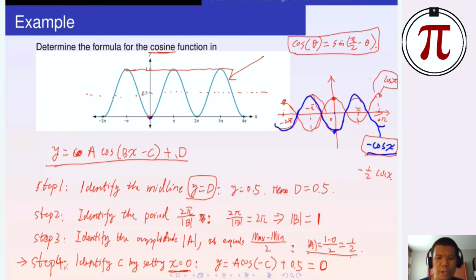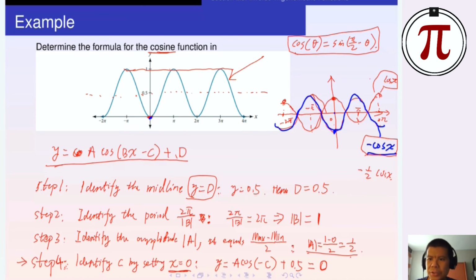Now, here is a question of choosing whether it is a cosine or sine function. Because if you move sine and do a reflection, you can get cosine. They are really closely related. One thing you have to be careful about is whether this curve is easier to use cosine or sine. For this one, it is already determined as a cosine function. The midline and the period can be easily identified.